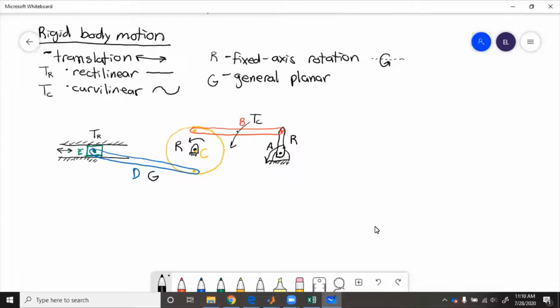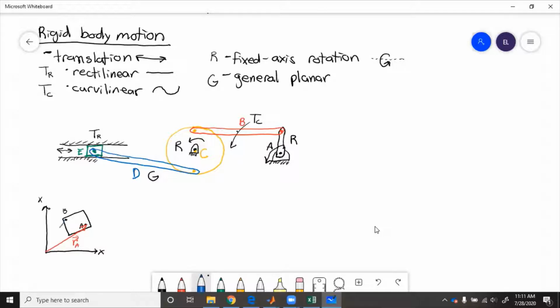Now for rigid body motion, we can use a similar set of equations as we did for particle kinematics. So let's say we have a coordinate frame X and Y, and we have a rigid body here. We'll say this is point A, this is point B, both on the rigid body. Then the vector position of A is RA.